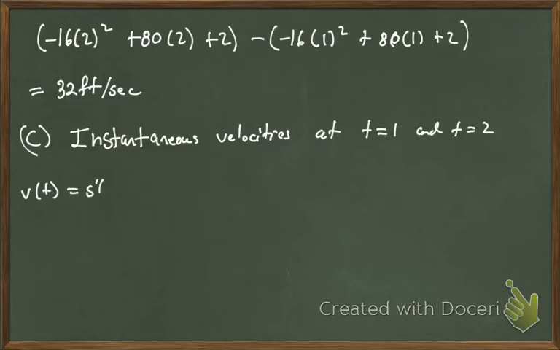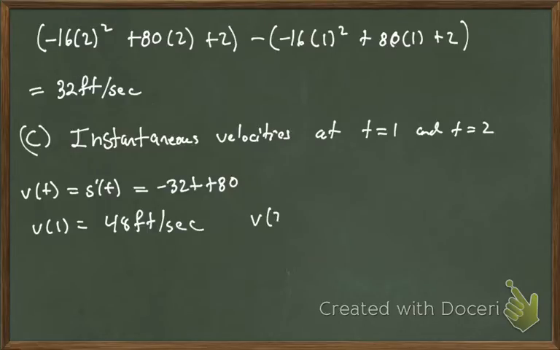So v of t was the derivative of the position function, which is negative 32t plus 80. So v of 1 is 48 feet per second, and v of 2 was 16 feet per second.